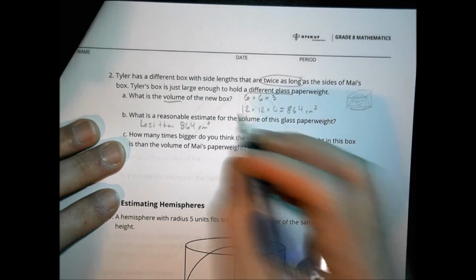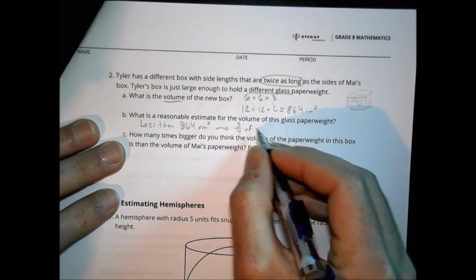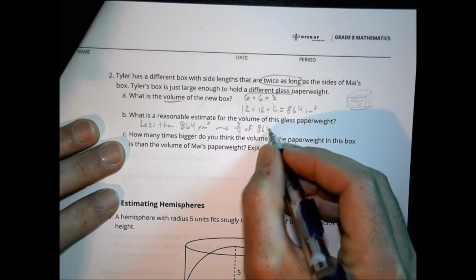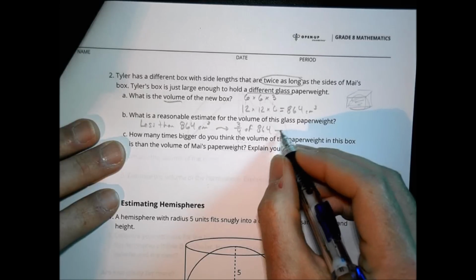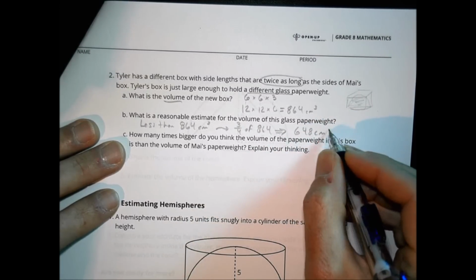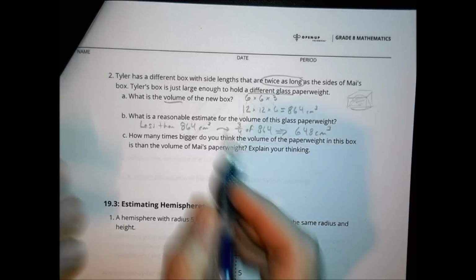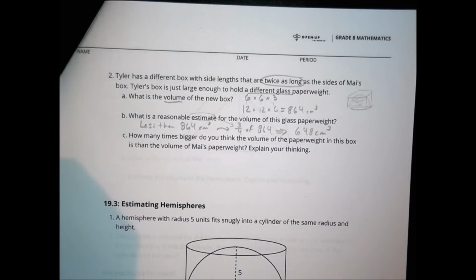If I did my same logic as last time, I would say maybe 3/4 of 864, okay? And so 3/4 of 864, when I do the math there, comes out to be 648 centimeters cubed. Again, this is just an estimate, and me still using 3/4 as a number. Just a number I picked because it kind of looked like it fit the picture pretty well.